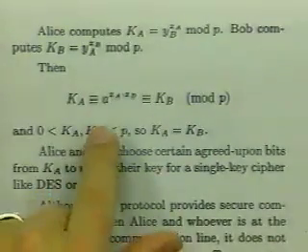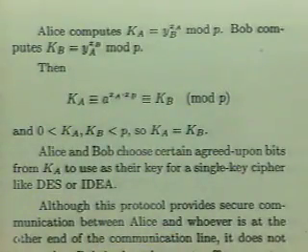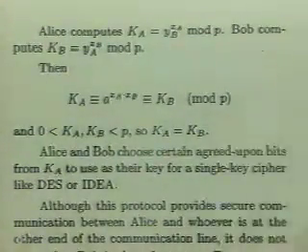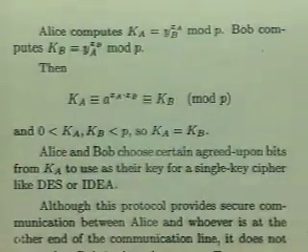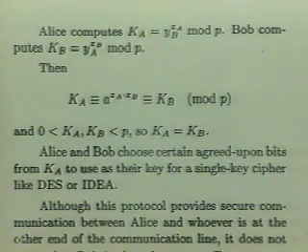This means that both K_A and K_B are congruent to A raised to the power X_A times X_B. If everything is reduced modulo P so that you get two numbers in the range between 0 and P, these two numbers, K_A and K_B, have to be the same number. This is because they are congruent to each other modulo P. In other words, P divides the difference between them.